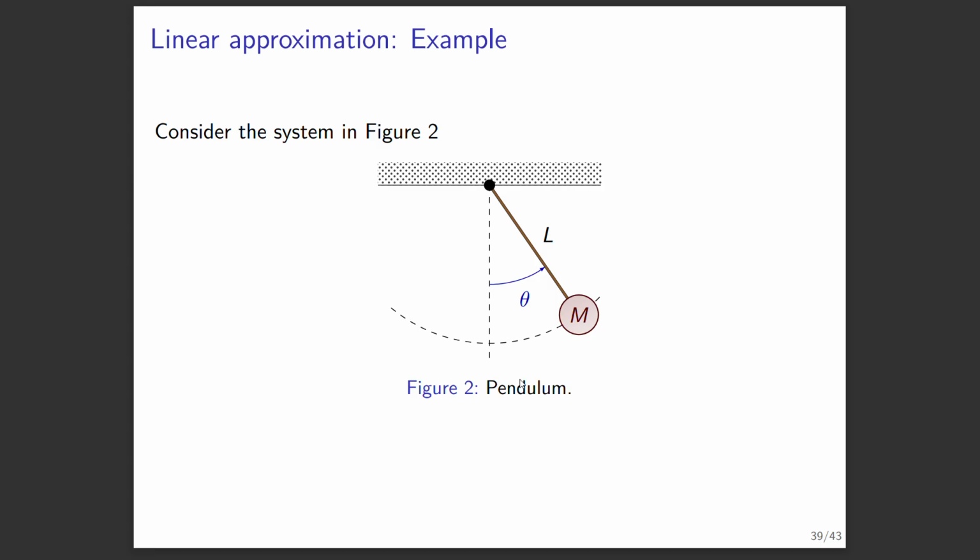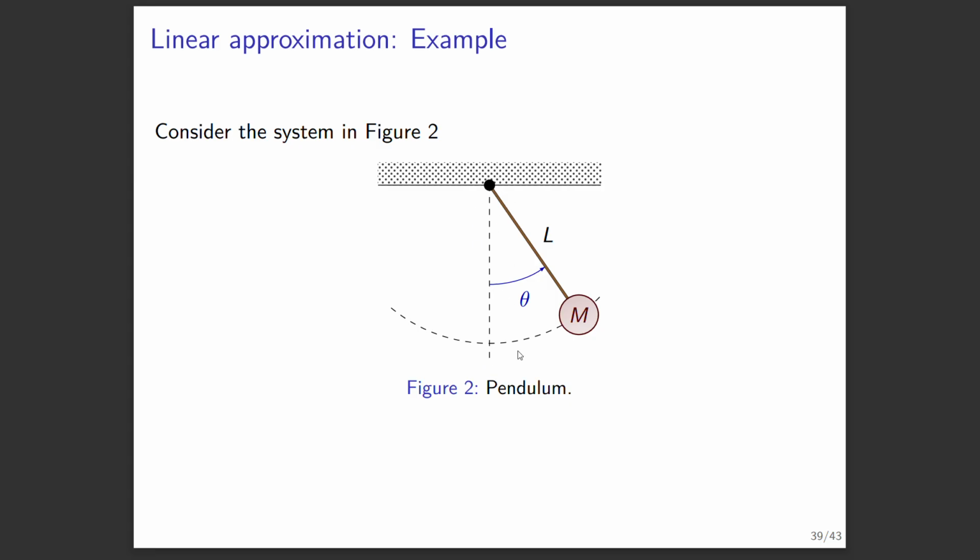So that is what linear approximation means. We were trying to have a linear behavior out of this nonlinear system. And for that, we would approximate the behavior near a specific theta, which was theta equals 0.